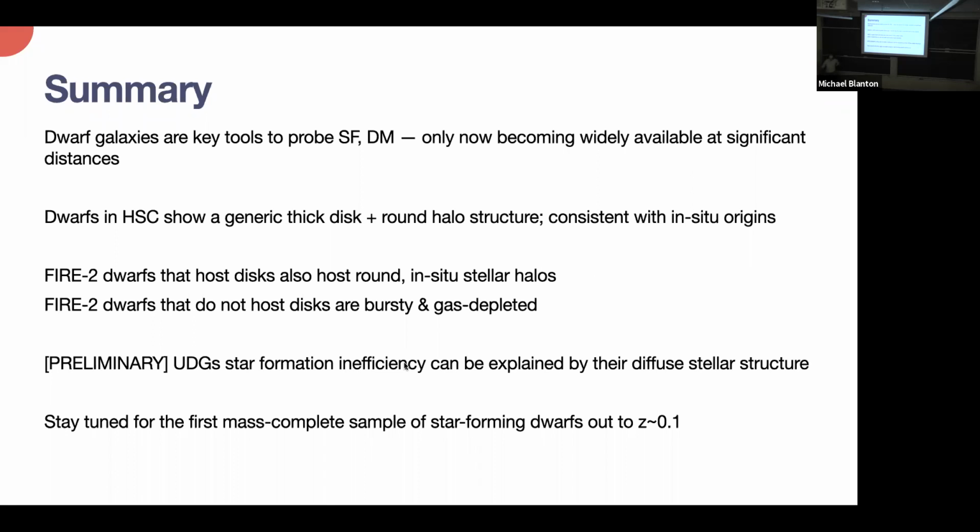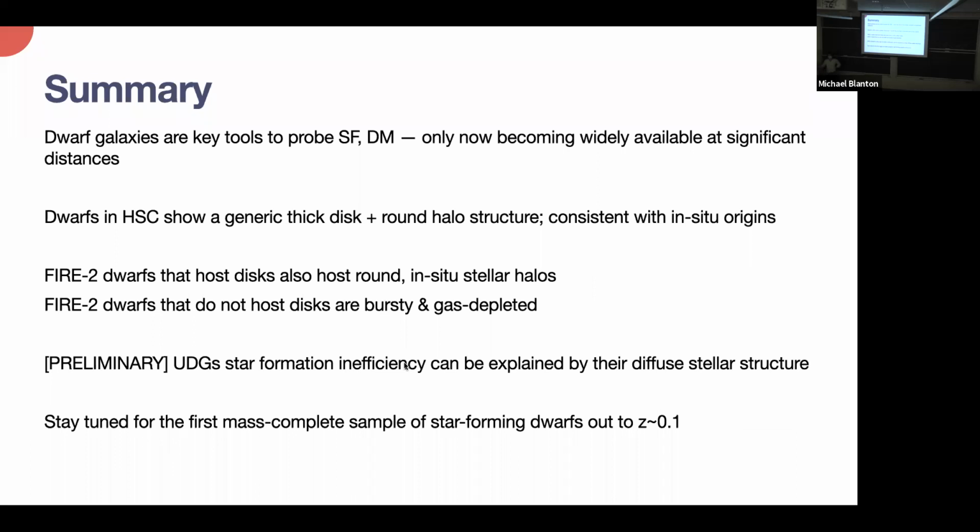But that's not something that I looked at in particular depth for this paper. They never hosted a disk. So it doesn't seem like they settled into a disk and were later destroyed, and that's just the snapshot we ended up with at redshift 0. But they are forming stars, just not in a disk. More or less, yeah, they're all forming stars. The disky ones tend to be less bursty.